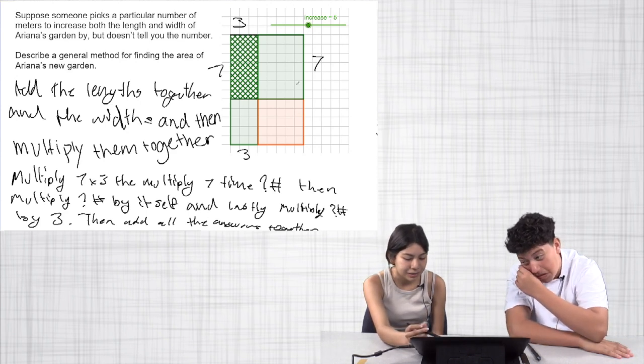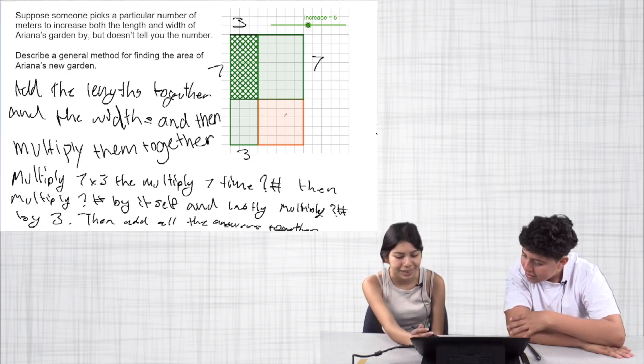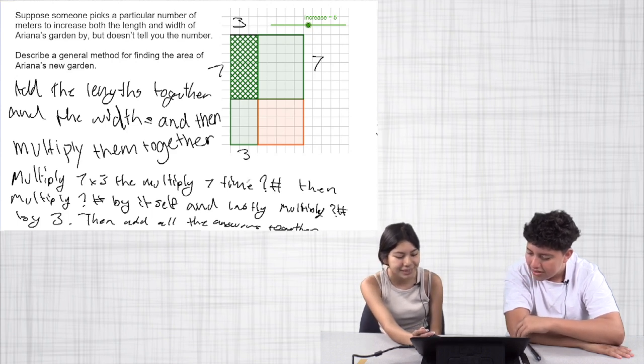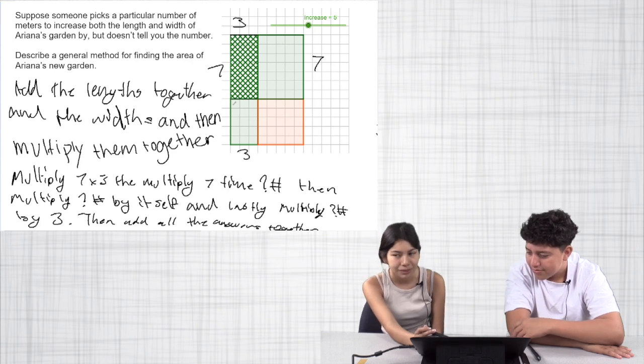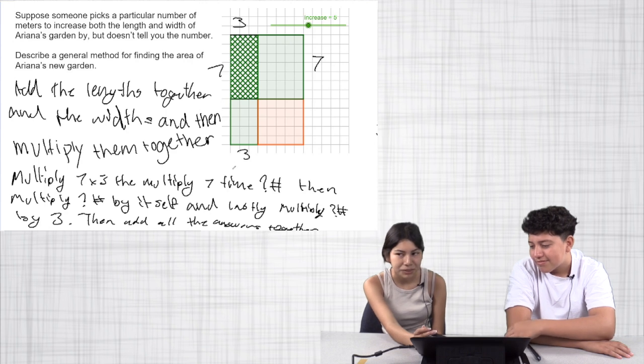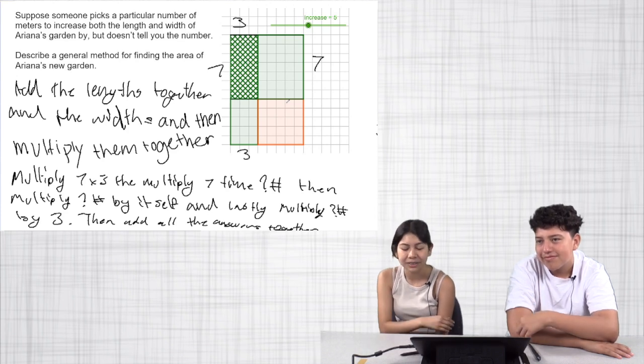And then you do the unknown number times itself to find the area of the isolated part. And then you do 3, which is also a width we know, by whatever you're adding for the length. And then you get whatever that area is, and then you add all 4 areas up to get the new garden area.